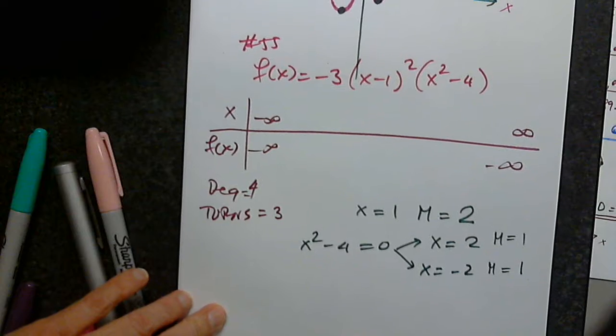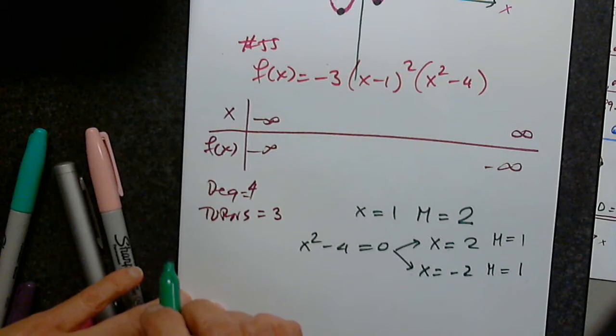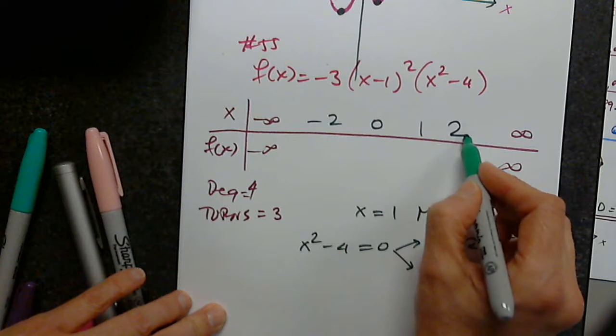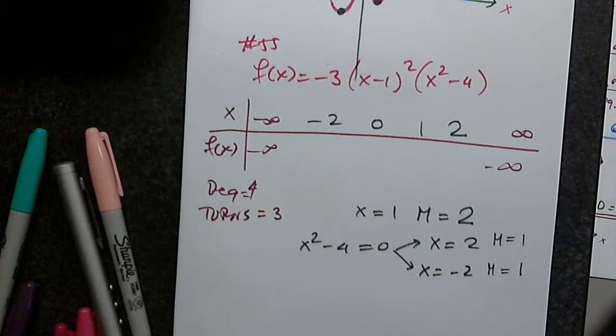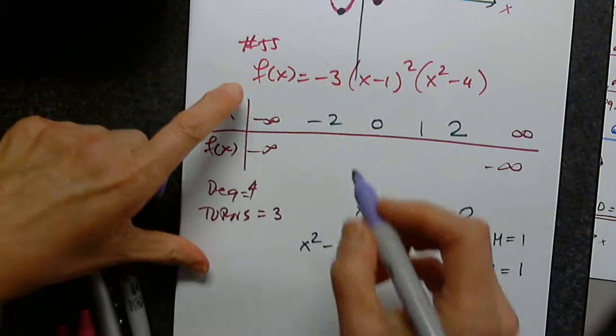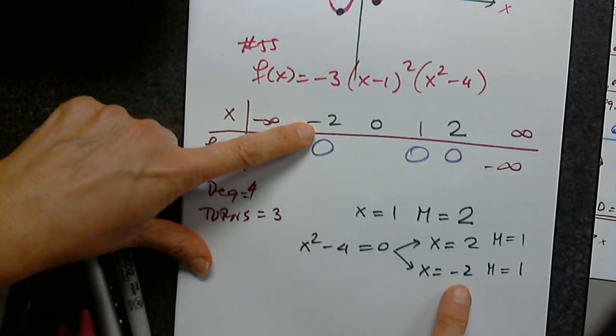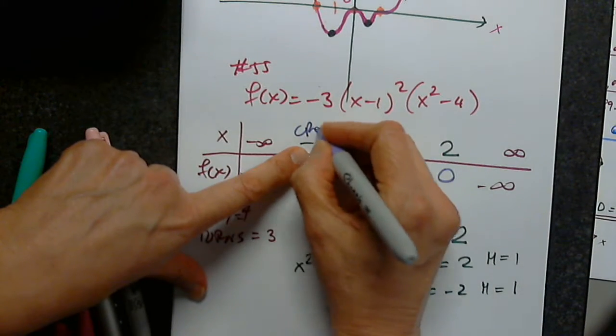Good. So then in ascending order, I have negative 2, 0 has to be in the chart, 1 and 2. What will you tell me to write above negative 2? Very good.